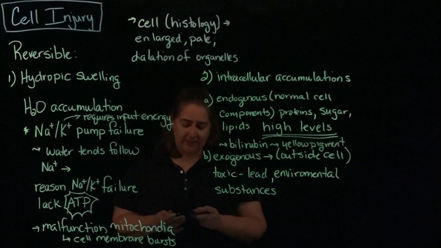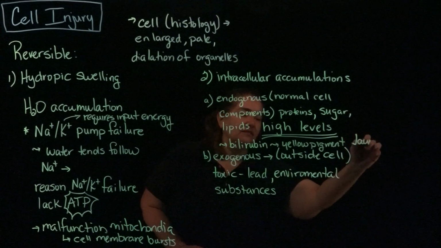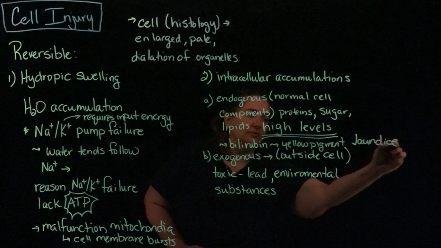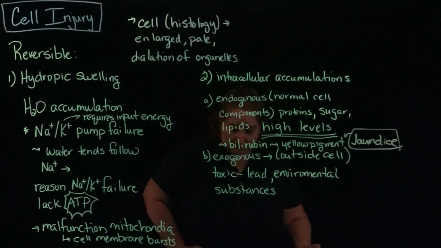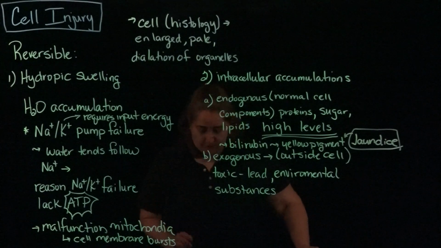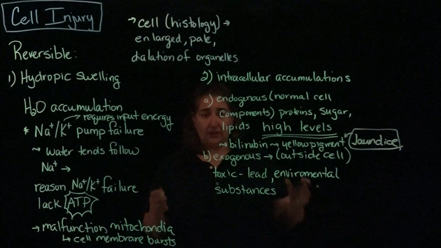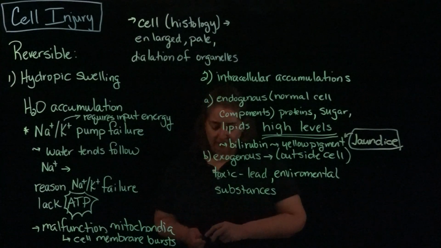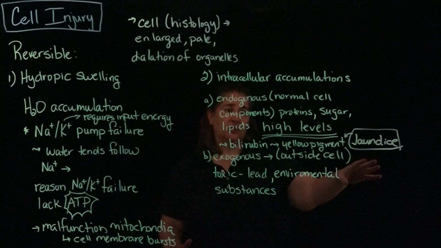And that can lead to jaundice in particular, okay? But that would be another endogenous type of accumulation. It's something that's normally made within the cell. It just isn't broken down normally, so it accumulates.